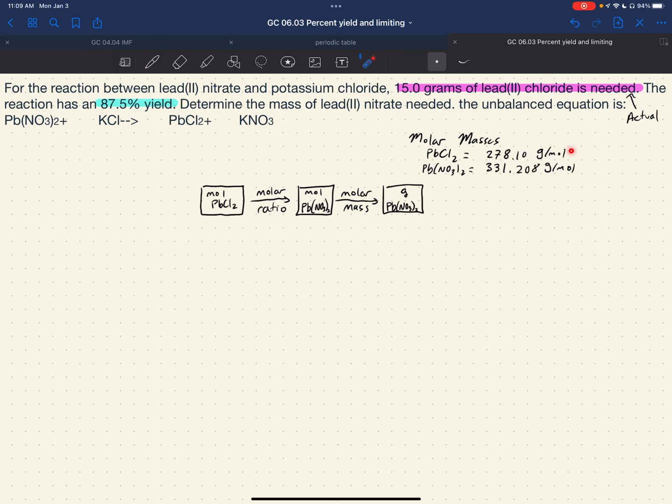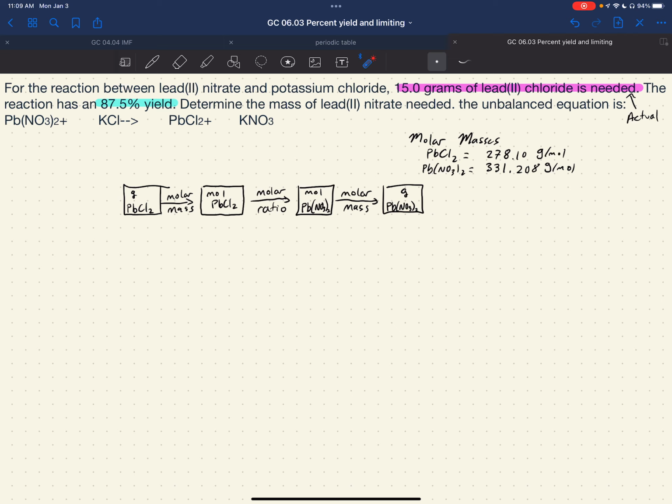And here you can see I've already calculated the molar mass for the compounds that I'm going to need. And then I'm going to get moles of PbCl2 from grams of PbCl2 using molar mass. Now, this grams of PbCl2 needs to go into stoichiometry.